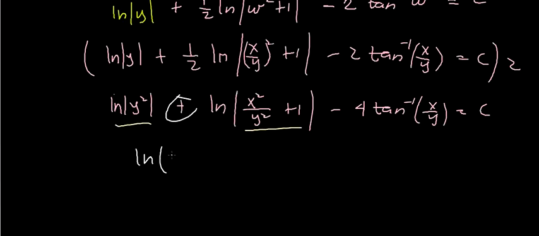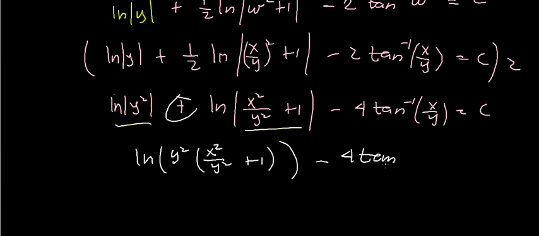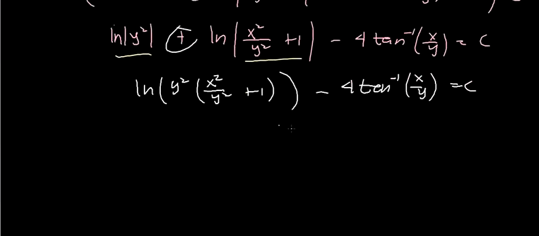So we have y squared times (x squared over y squared + 1) minus 4 arctangent of x over y is equal to c. Then let's simplify it further.